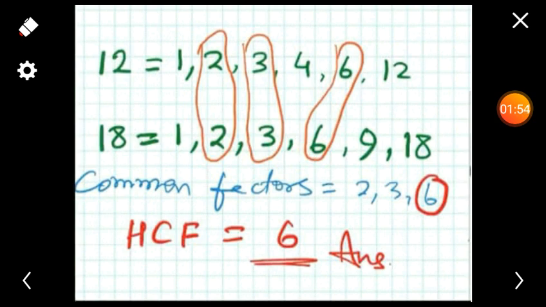Okay students, out of these three common factors 2, 3 and 6, the highest common factor is 6, and I circle it here. So HCF of 12 and 18 is equal to 6. This is finding HCF using the common factor method or factor method.